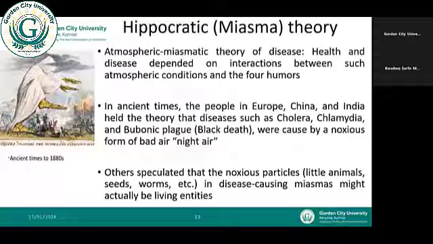So others also thought that it's not only the bad air, but there are some little animals that we cannot see. There are some worms, there are some seeds that are within these poisonous substances or these air particles that are responsible for the disease, and not just the bad air. So there was an evolution of these Hippocratic theories.